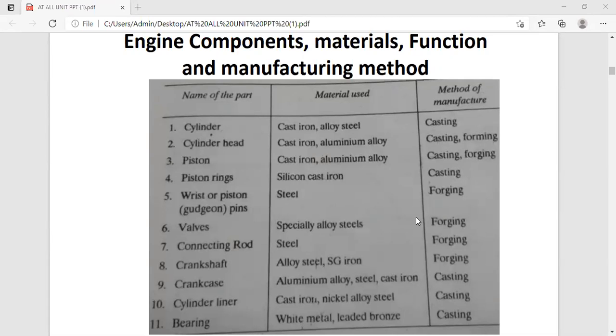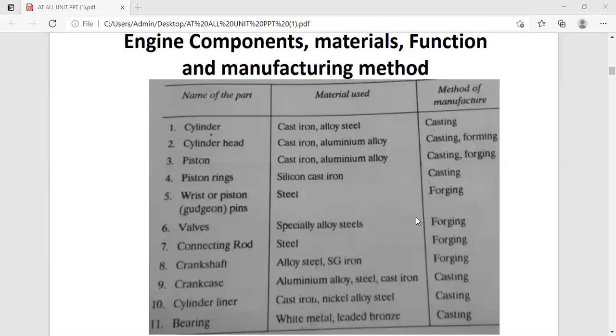So the cylinder must be cooled: air cooling is used for low capacity engines and liquid cooling for high capacity. In such a situation, the material used for the cylinder is high grade cast iron or alloy steel. Aluminum alloy may also be used for reduction of weight, in the case of aeroplanes and automobiles. As per the application, whether aeroplanes or automobiles, and as per weight consideration, we also use aluminum alloy.